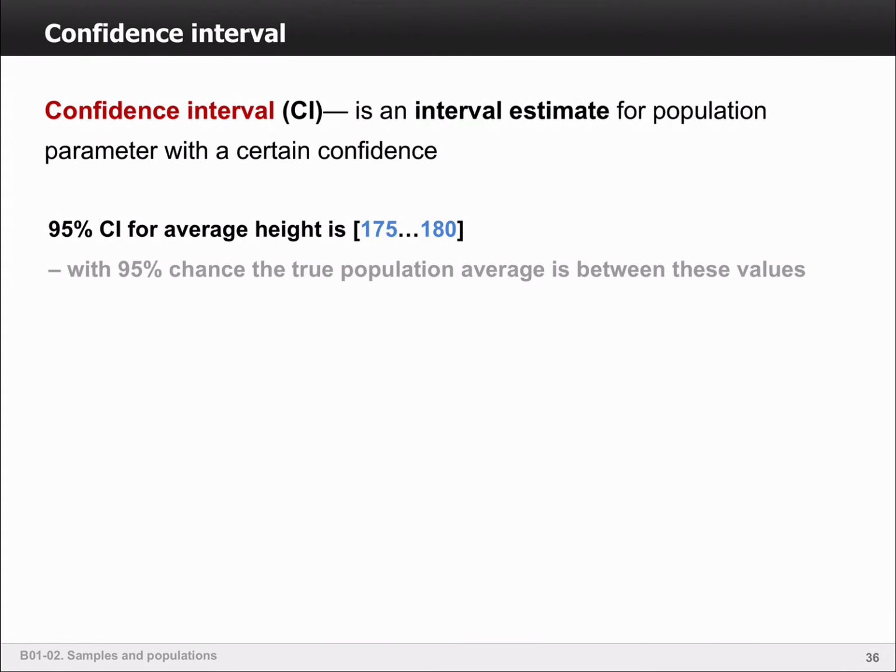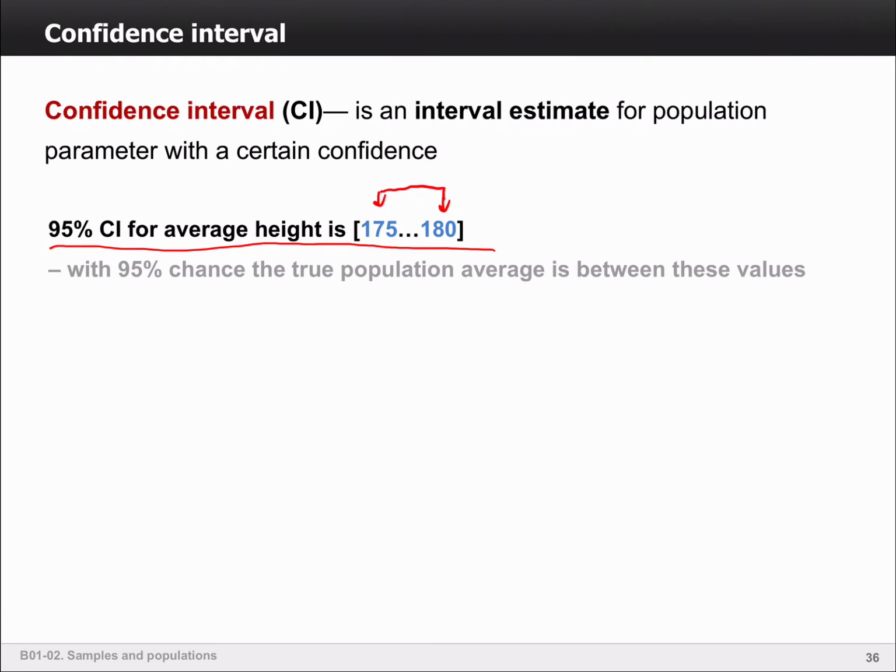So a confidence interval is an interval estimate for the population parameter, and you can do it with a certain confidence. This confidence is also called the confidence level. For example, a 95% confidence interval for average height is 175 to 180. What does it mean? It means a 95% chance to get a sample like you have, and this sample contains the true population average within this interval.